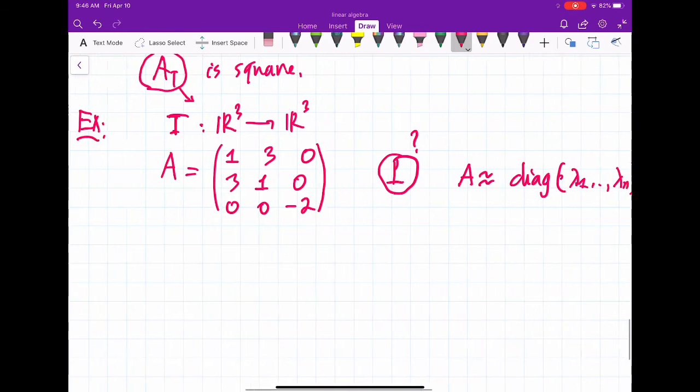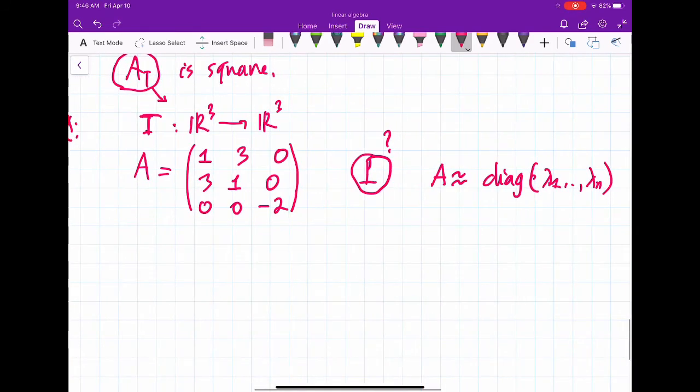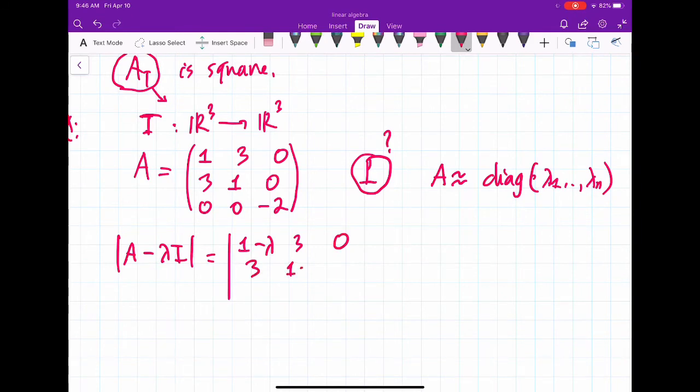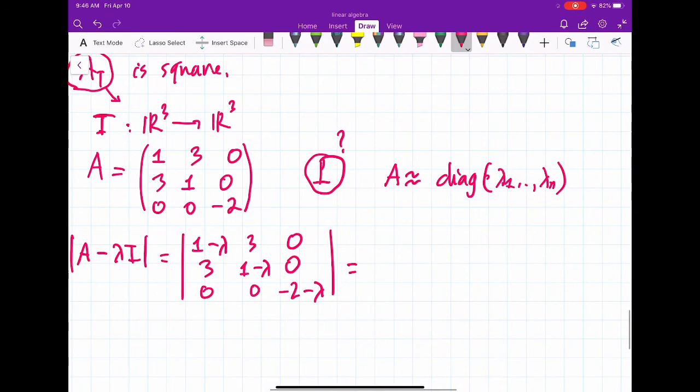All right, so let's find eigenvalues, eigenvectors. First, I need to solve determinant of A minus lambda I equal to 0. That is 1 minus lambda, 3, 0, 3, 1 minus lambda, 0, 0, 0, -2 minus lambda, right? We are good because we have 2 zeros in here and 2 zeros in here.